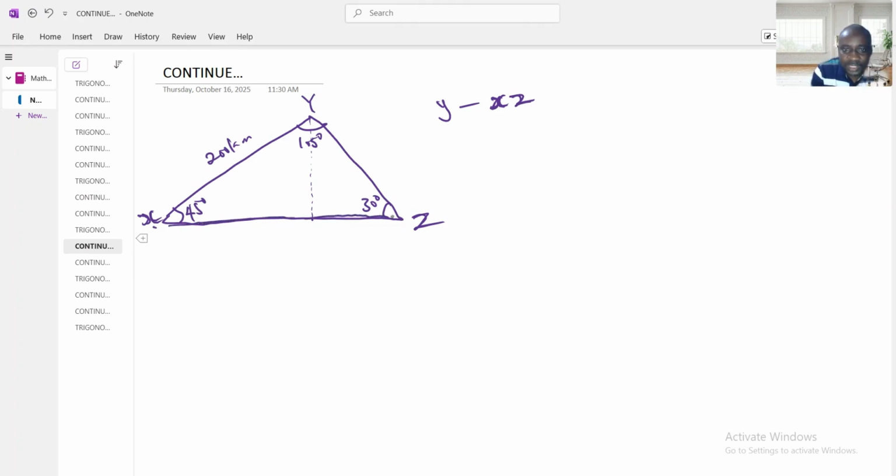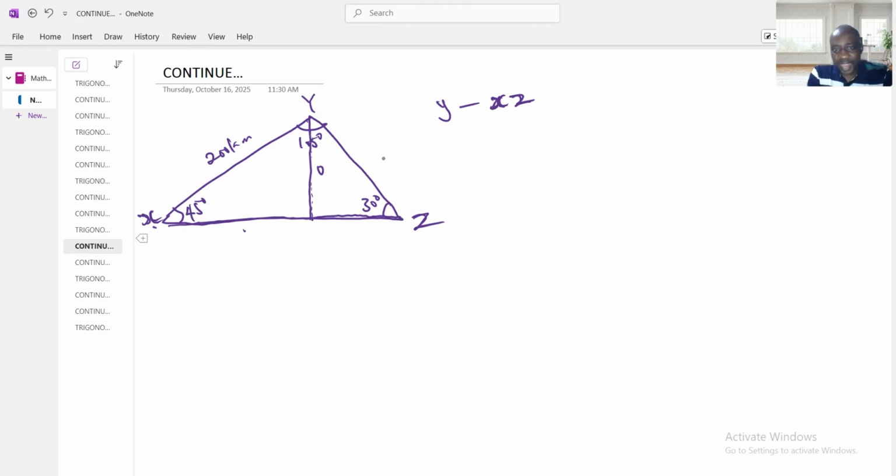And what is the distance from Y? I'm going to divide this into 2. Now we have this triangle. When you have a triangle like this, you don't need to use the sine rule. We are going to use what is called SOHCAHTOA. Let me call this side O, opposite, because it is opposite. This side will be adjacent and this side will be hypotenuse.